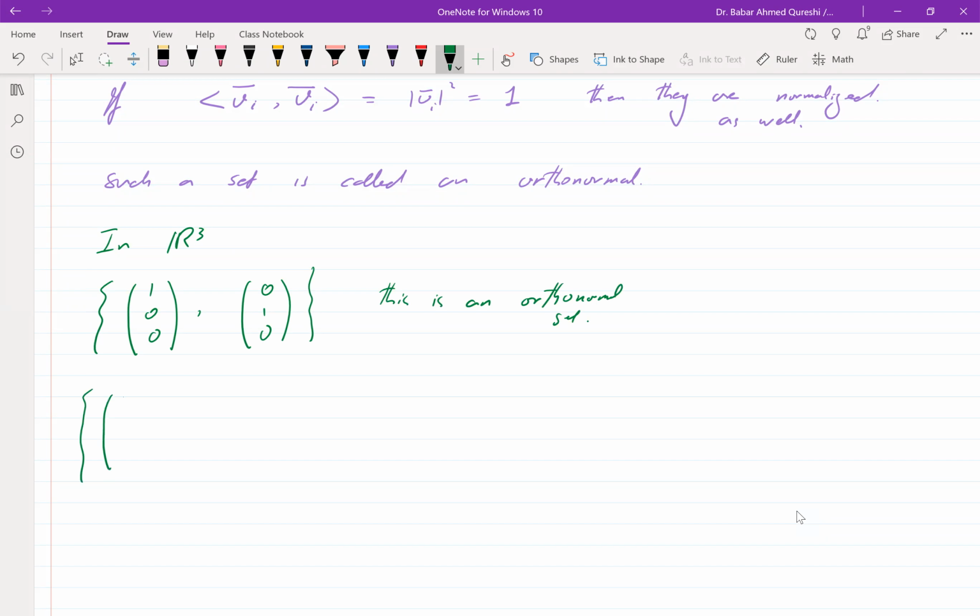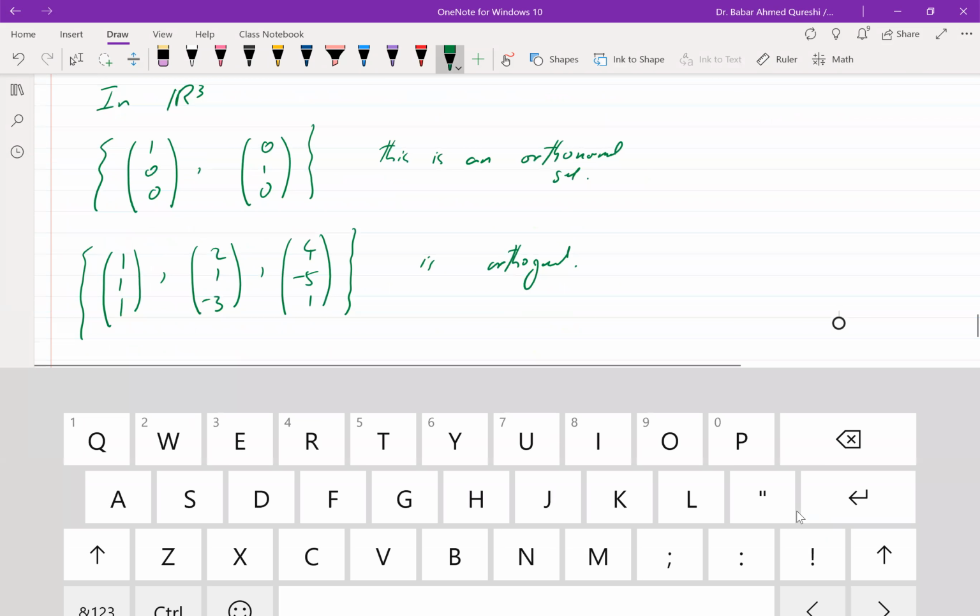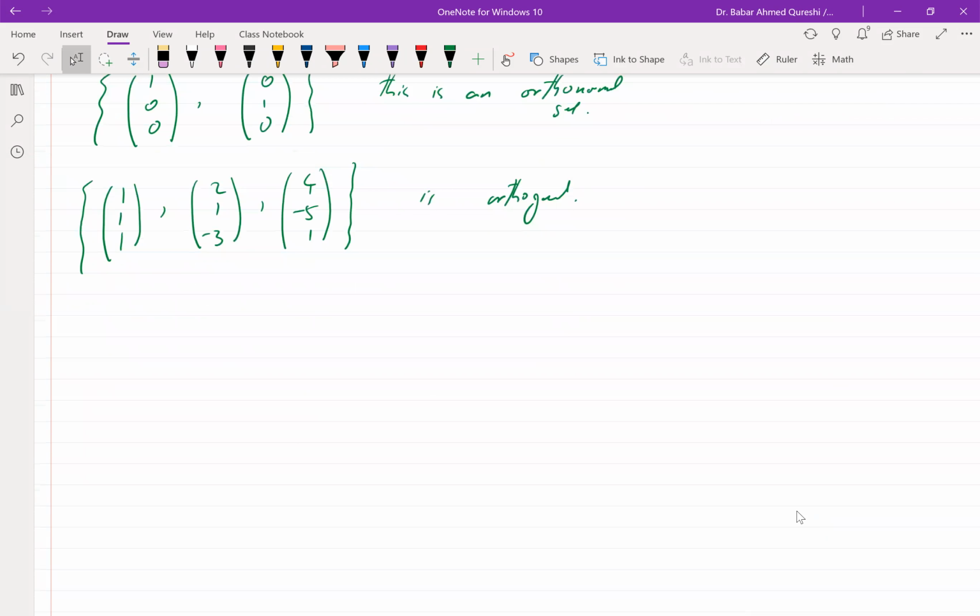This one I have just checked. You should check it on your own. This is orthogonal, but not normalized, because their lengths are not 1.